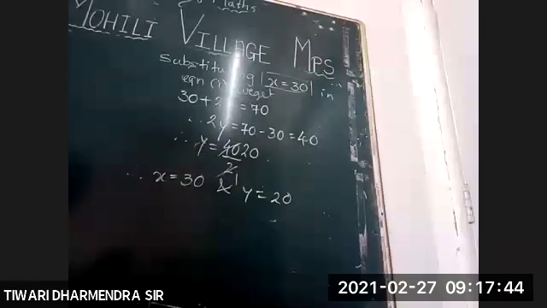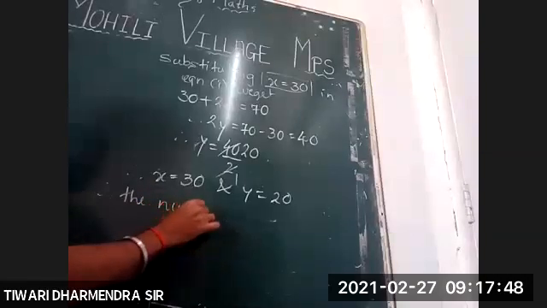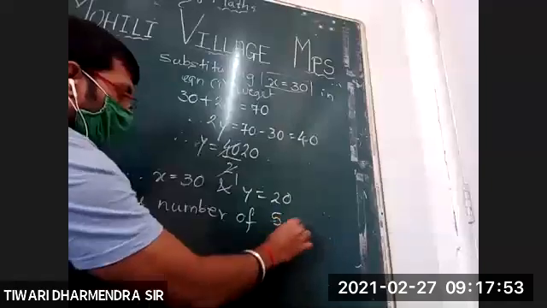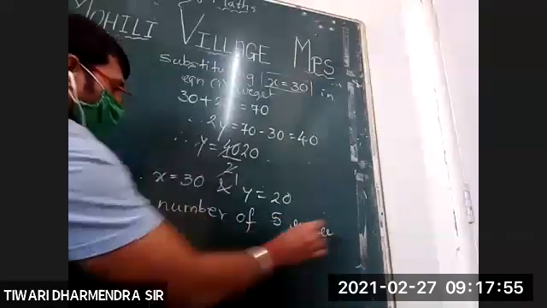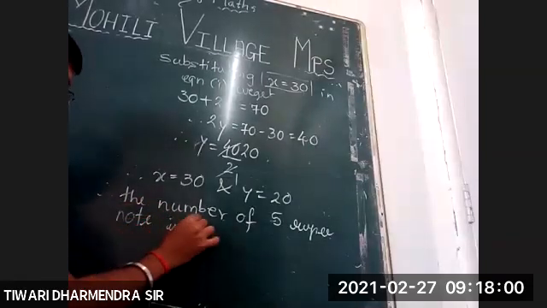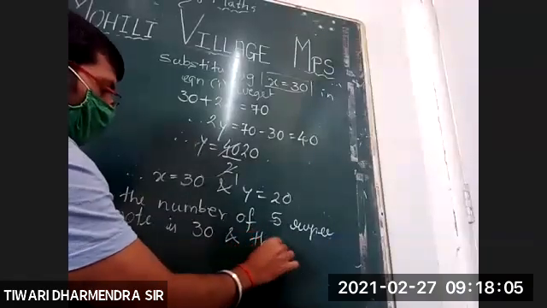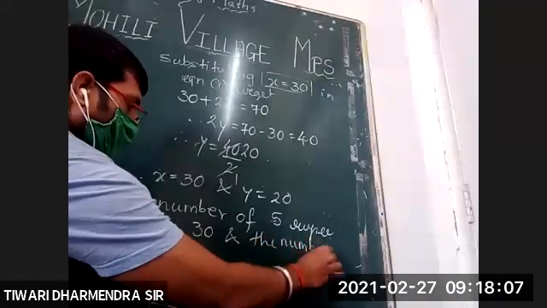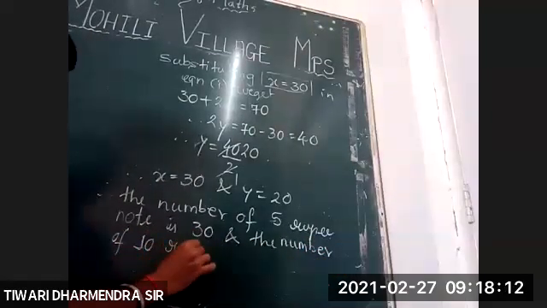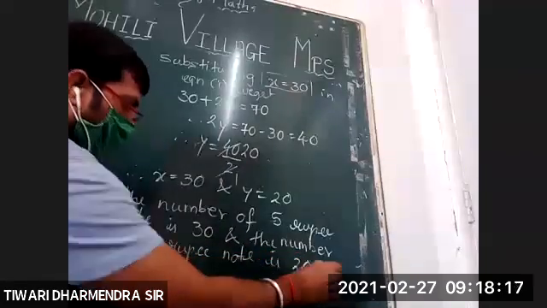So therefore, the number of 5 rupee notes is 30 and the number of 10 rupee notes is 20.